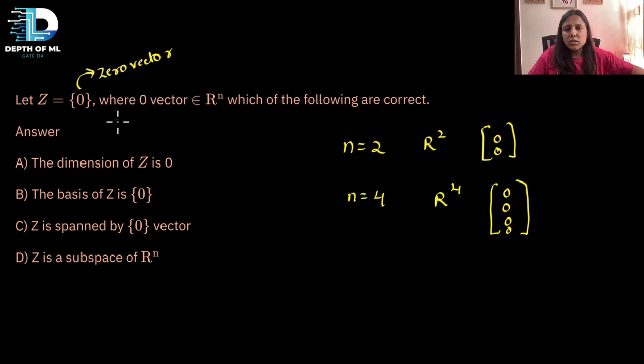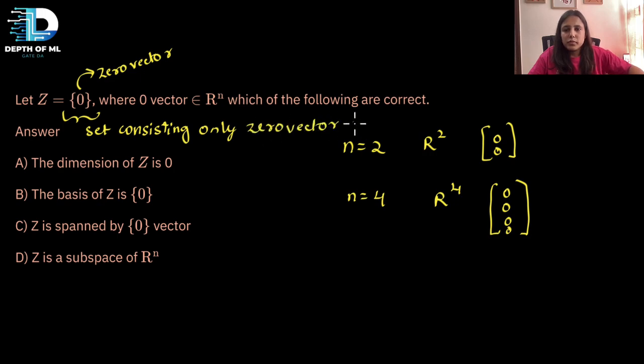So now we are talking just about the 0 vector. First of all, this Z that they have defined is a set that consists of only the 0 vector. Now they are asking us which of the following statements are correct.